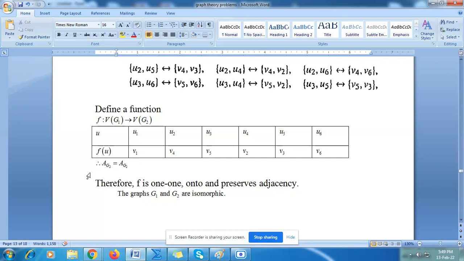And also observe that the adjacency matrix of graph 1 is equal to the adjacency matrix of graph 2. Therefore, G1 and G2 are isomorphic.